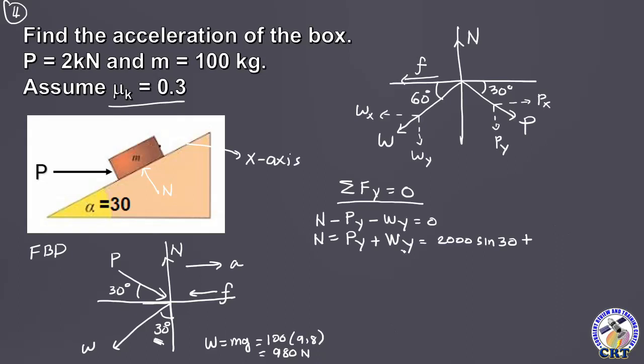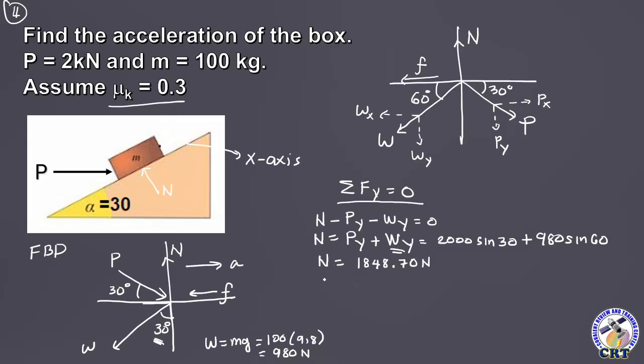Going back to Wy, this is 980 sine of 60 degrees. Solving for N, this is equivalent to 2000 sine 30 plus 980 sine 60. So just use your calculator and check this answer, 1848.70 newtons.